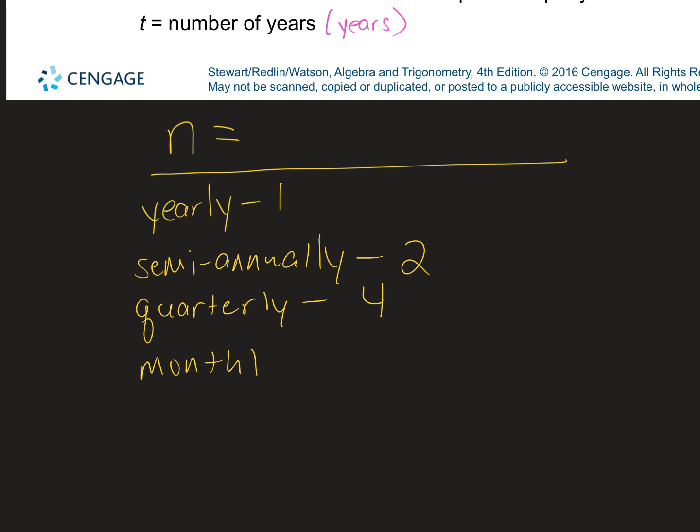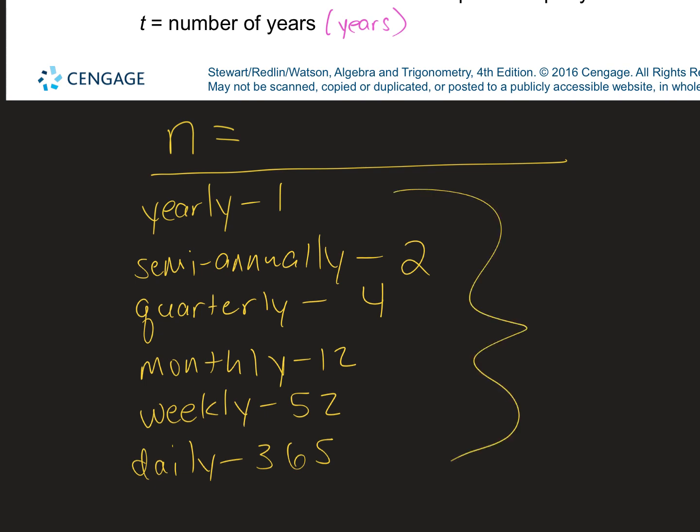What about if I say monthly? Good. Month, I can't spell today at all. Monthly is 12. What about if I say weekly? 52. There's 52 weeks in a year. And what if I say daily? 365. You guys need to know all of these. When you are given those words, what number does it represent?